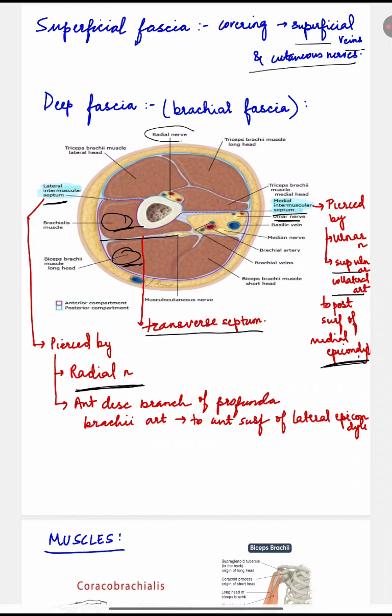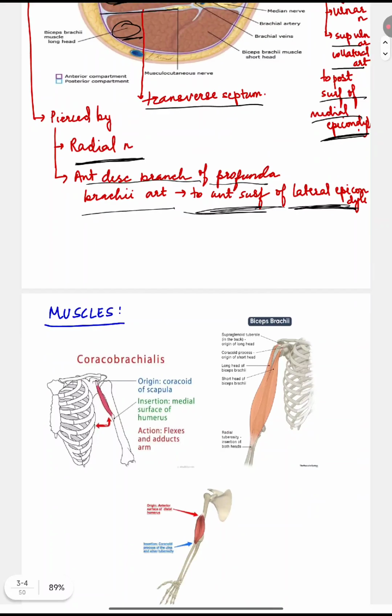This is the radial nerve in the lateral septum, along with an anterior descending branch of the profunda brachii artery, and it is attached to the anterior surface of the lateral epicondyle. Fine. Now what are the muscles?